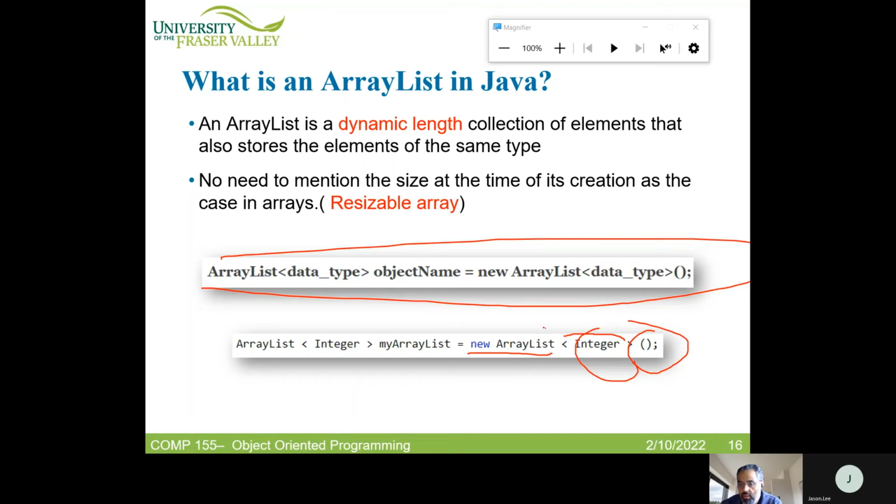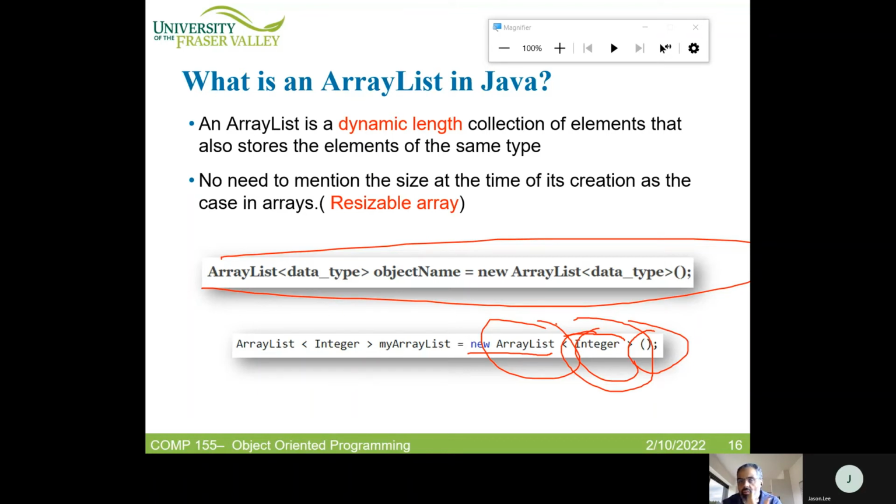Because we use ArrayList. However, we have to declare the type, so all the values are going to be integers, and we can put as much as we need in this ArrayList. There is no limitation or restriction about the number of elements that you can save in this ArrayList.